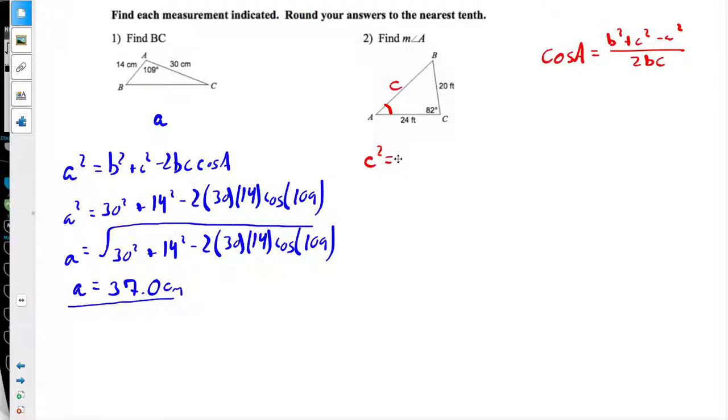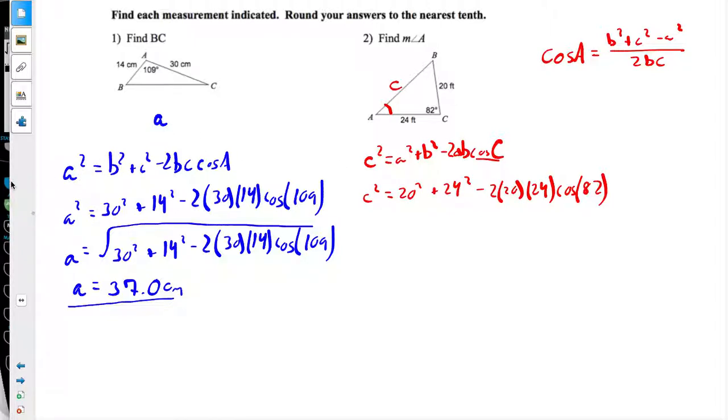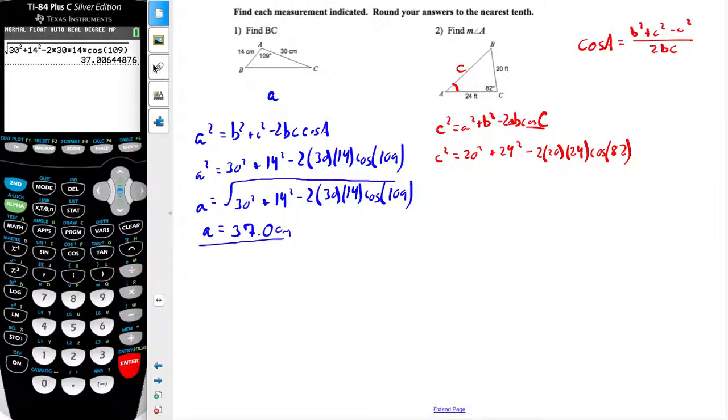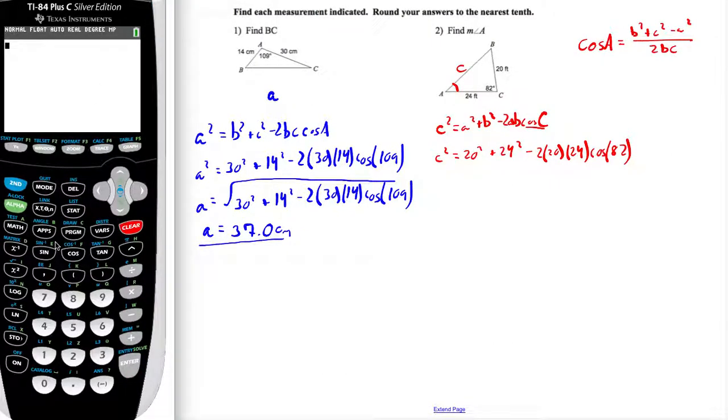So I do C squared is equal to A squared plus B squared minus 2AB times the cosine of C. So I get C squared is equal to 20 squared plus 24 squared minus, does that say 2? Oh no, 2AB cosine of C. So minus 2 times A, which is 20, times B, which is 24, times the cosine of 82. And so we're just going to type all this in again.